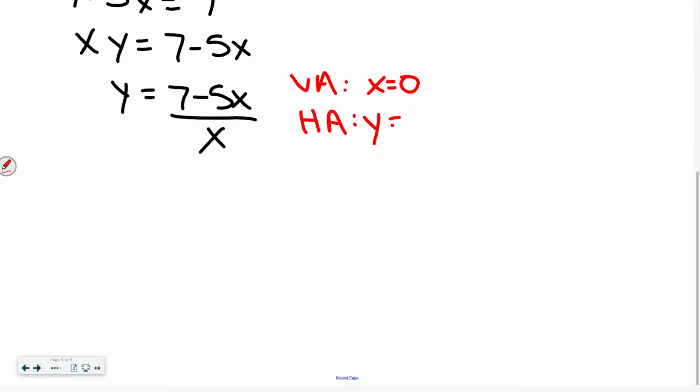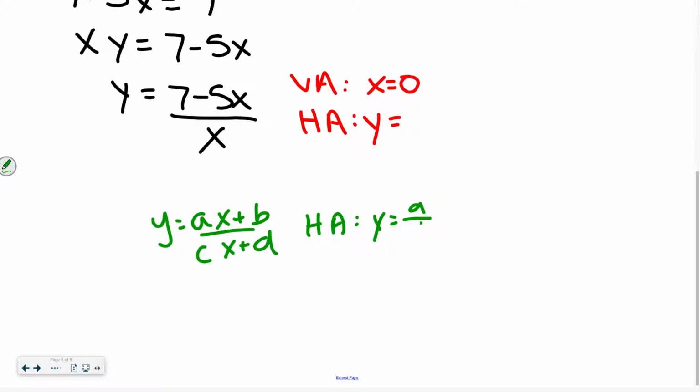Is that considered an ax over bx? It has an x in the numerator and an x in the denominator, so it's like our y equals ax plus b over cx plus d. Do you remember what the horizontal asymptote was? It's a over c. So a and c, in my notes I said they're the LCs.